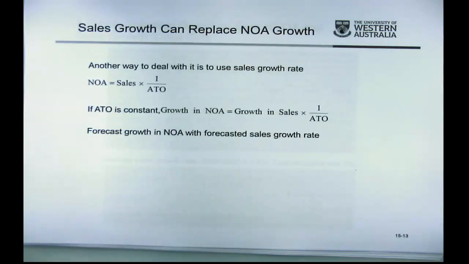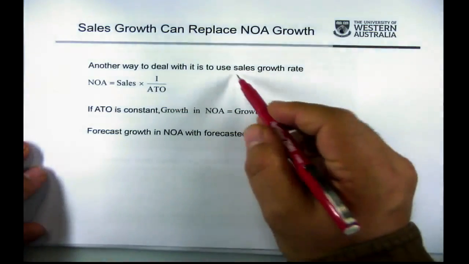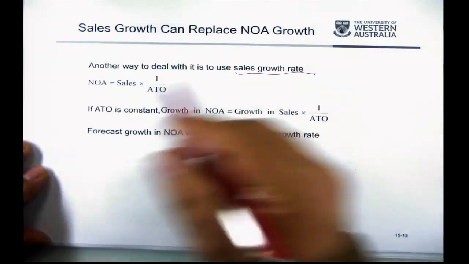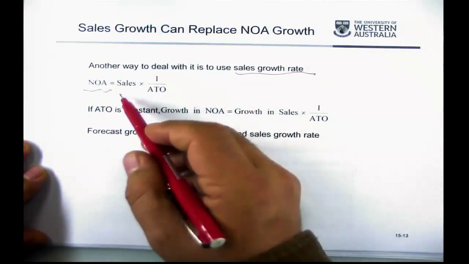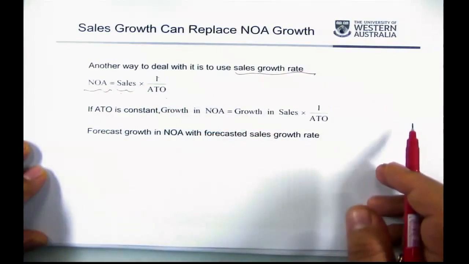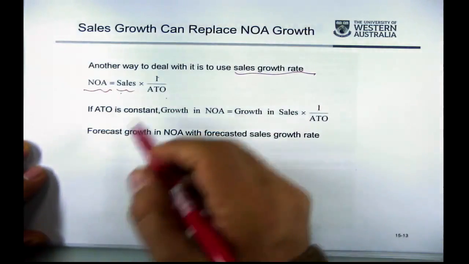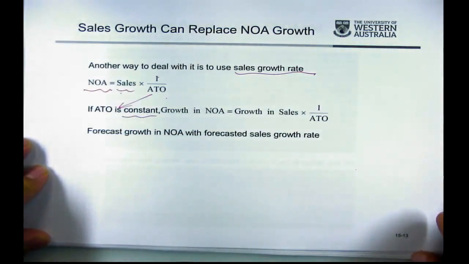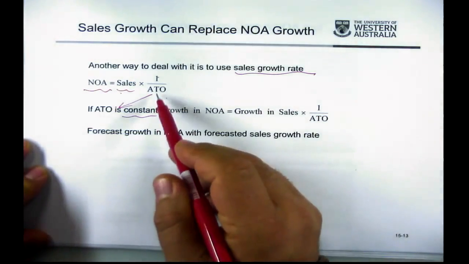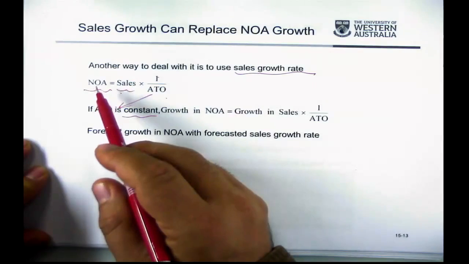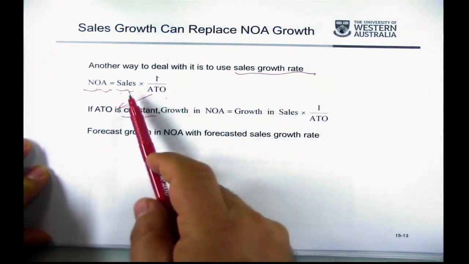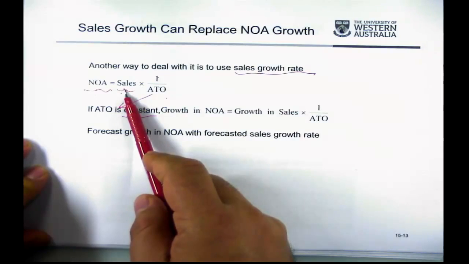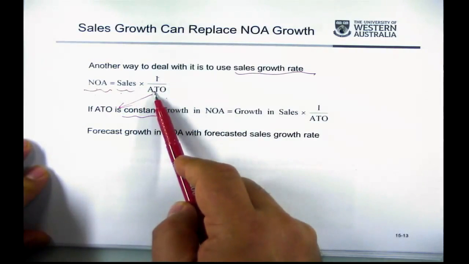Another way to calculate the growth rate in the residual operating income is to use the sales growth rate. Remember that net operating assets is equal to sales times 1 over ATO. However, ATO is usually stable or constant. If this is the case, then any change or growth in the net operating assets will be driven by the growth in sales, because ATO is almost constant most of the time, okay?